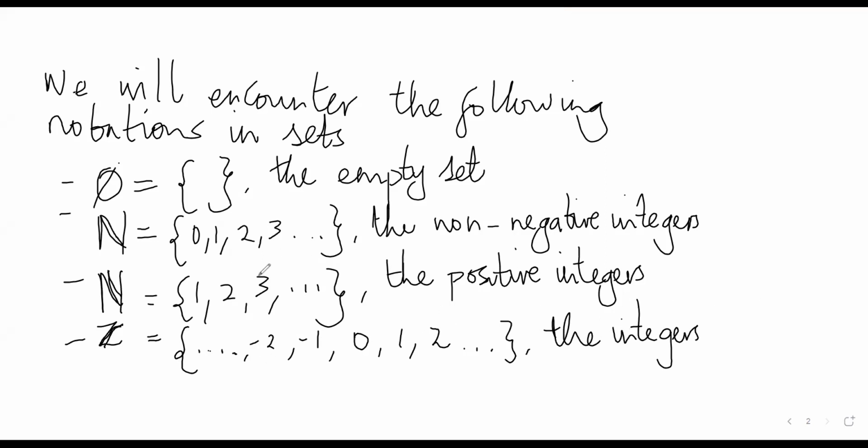Sometimes this one is known as natural numbers. The difference between non-negative and positive integers is that the non-negative integers have a 0. The positive integers do not have a 0. The integers have the negatives. Okay, so that is a difference there.